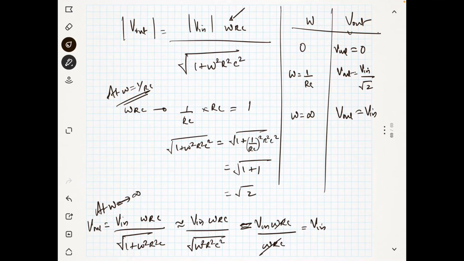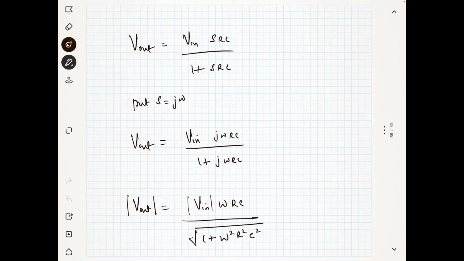So you are getting a characteristic: at low frequency you have no output, and as the frequency increases above the cutoff, it is allowing all the frequencies. That means your characteristic curve is something like this.